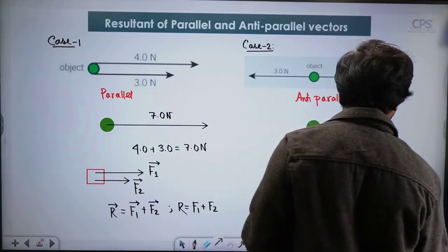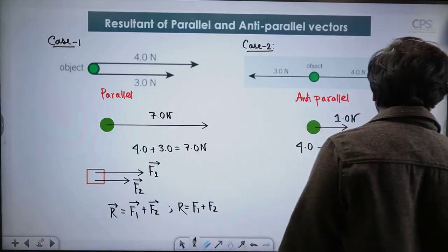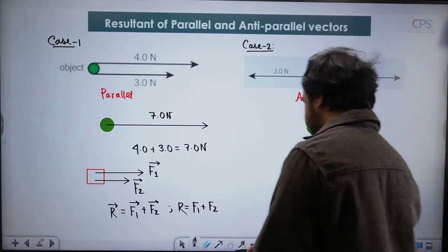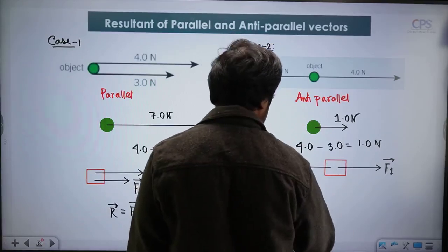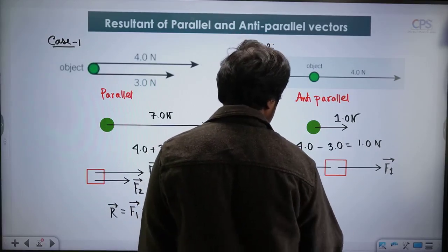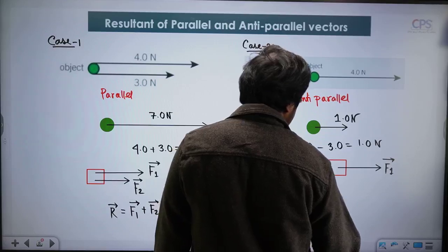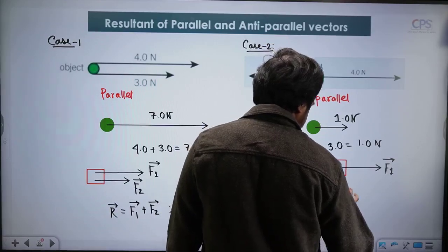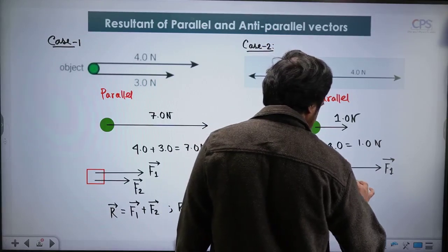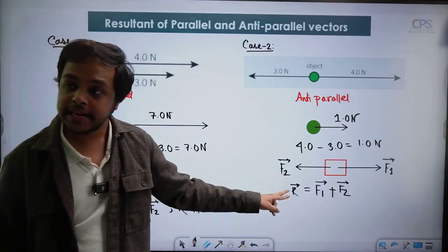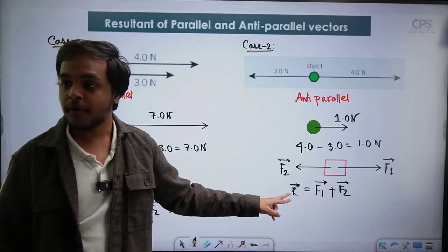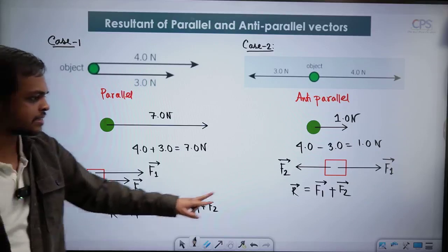Now for this scenario we have two vectors as well. Let's say this is F1 on the right side, F2 on the left side. Now here comes the fun part. We'll get a R or resultant which is done by adding these two. See, this is still the same for this case as well.